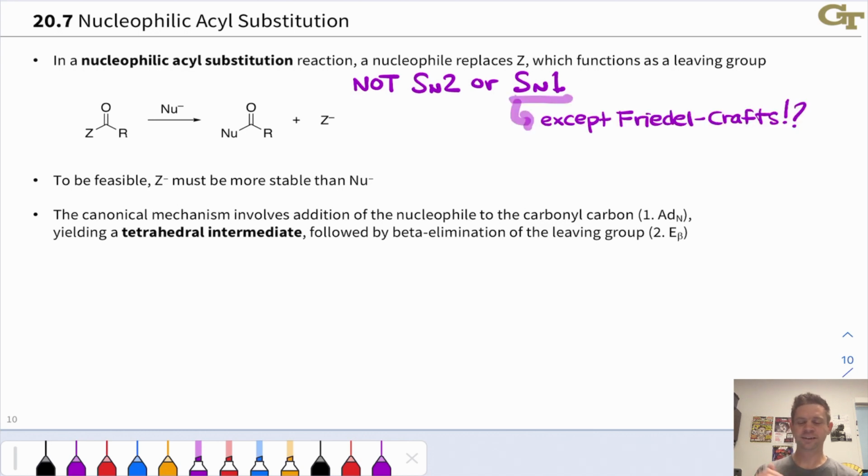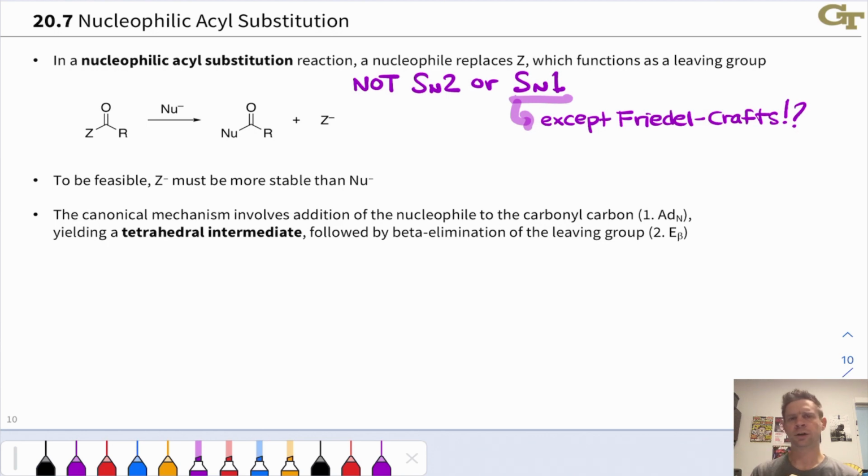It's the Friedel-Crafts acylation reaction, in which we treated an acyl chloride, which is a carboxylic acid derivative, with AlCl3. The Cl- was lost with that AlCl3 as AlCl4-, and that created an acylium ion, and then the aromatic came in. That's kind of an SN1 type nucleophilic acyl substitution, but that's the only place you will see the leaving group come off before the nucleophile adds in this context. We'll have more to say about the mechanism here in a second.